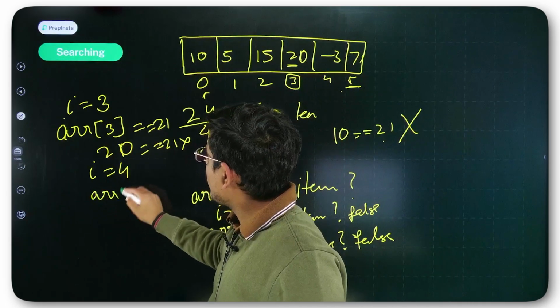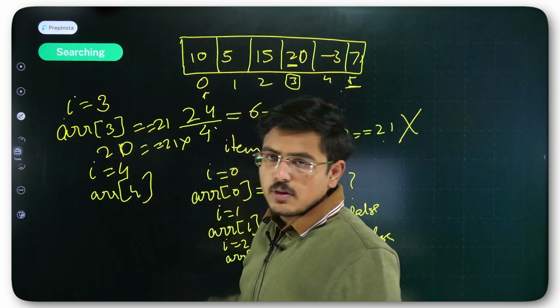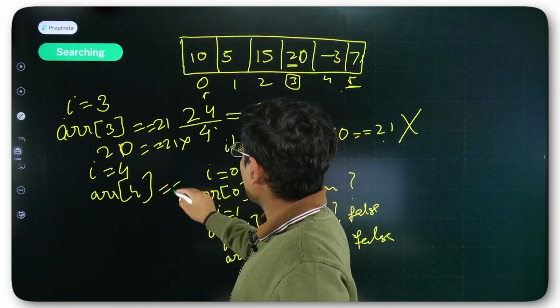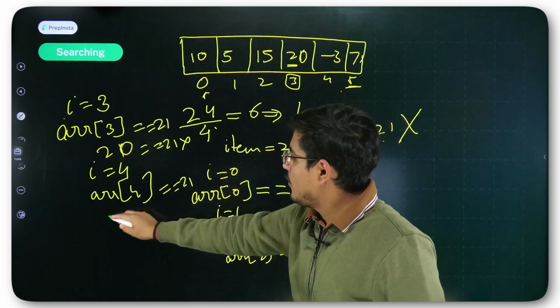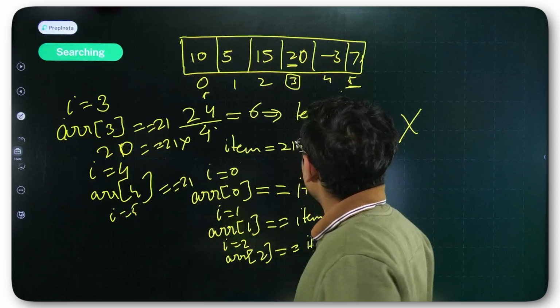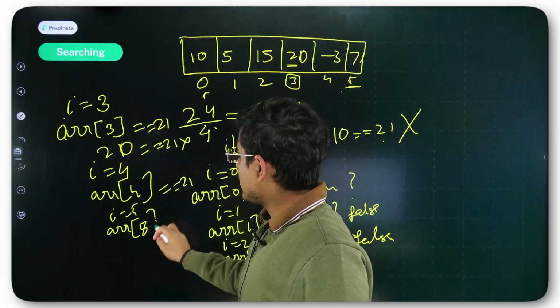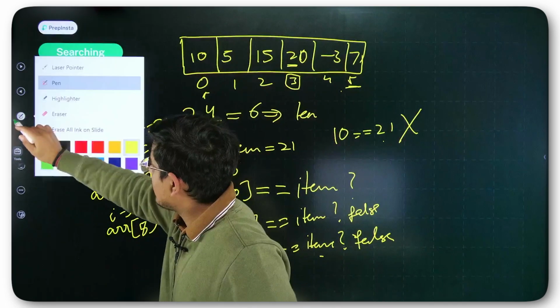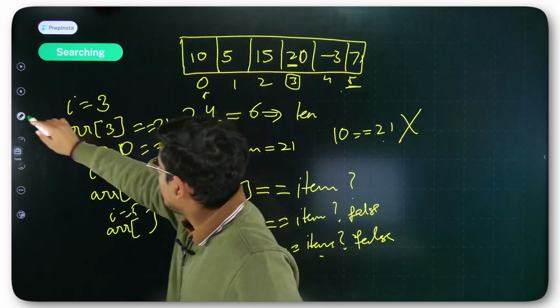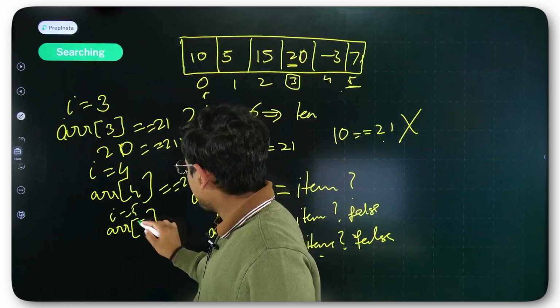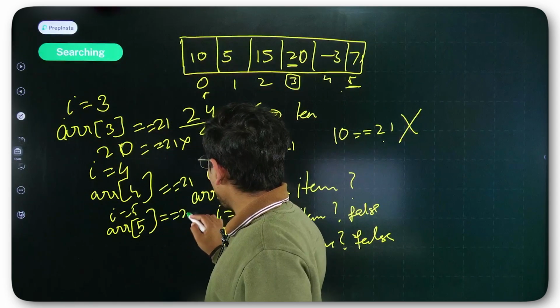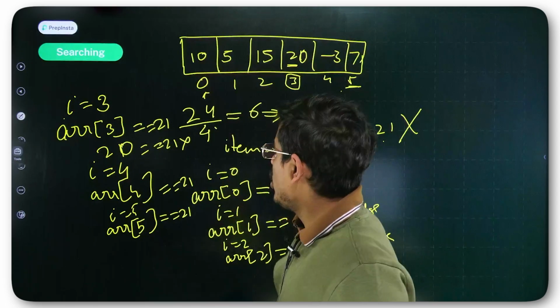Array of 4 would be checked, the element at index 4. Is it equal to 21? No, it is not. Again, i would be incremented, the if won't work. Then at array of 5, this is not 8, just a minute guys, this is 5. So here, we'll check it again for 21. It is not true again.